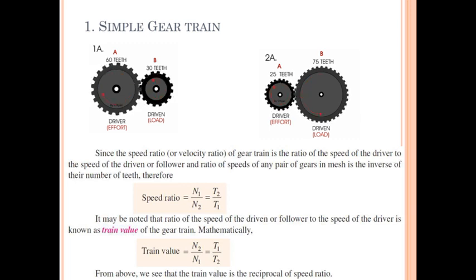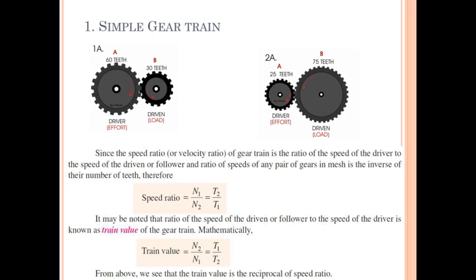Therefore, the speed ratio between these two gears can be given as N1 upon N2, the ratio of speed of the driver gear to the speed of the driven gear, isn't it? It is also equal to the inverse ratio of their numbers of teeth, that is T2 upon T1. This ratio is the speed ratio.